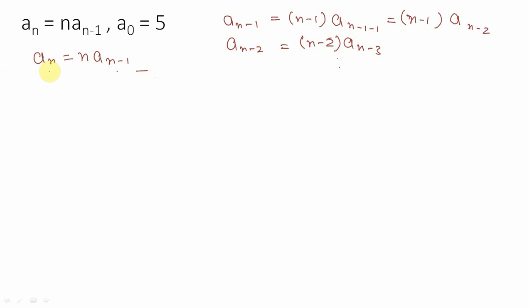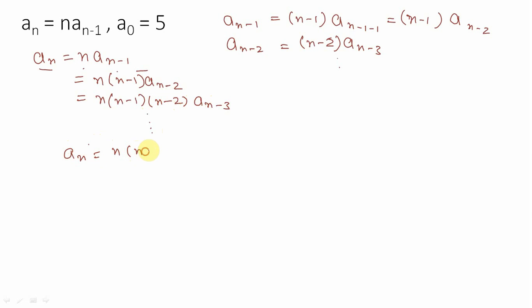Now, we'll substitute these values over here. a_n is equal to n a_{n-1}, which can be written as n (n-1) a_{n-2}, then n (n-1)(n-2) a_{n-3} and so on. I can go up to a_n is equal to n (n-1)(n-2) up to (n-k) a_{n-k}.